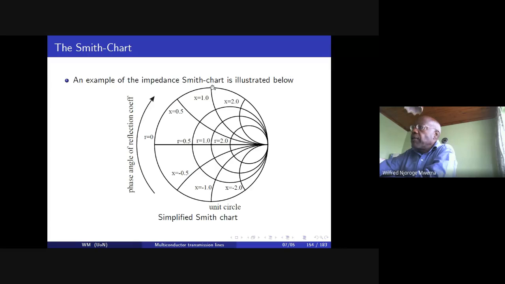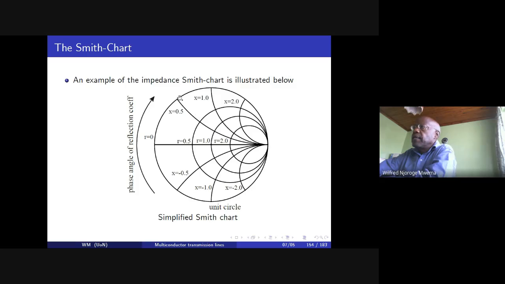Remember, the origin of the gamma plane is at that point, and when you are at this point, it means that R is equal to Z0, the characteristic impedance of the line. It will always indicate a matched condition for that particular transmission line.